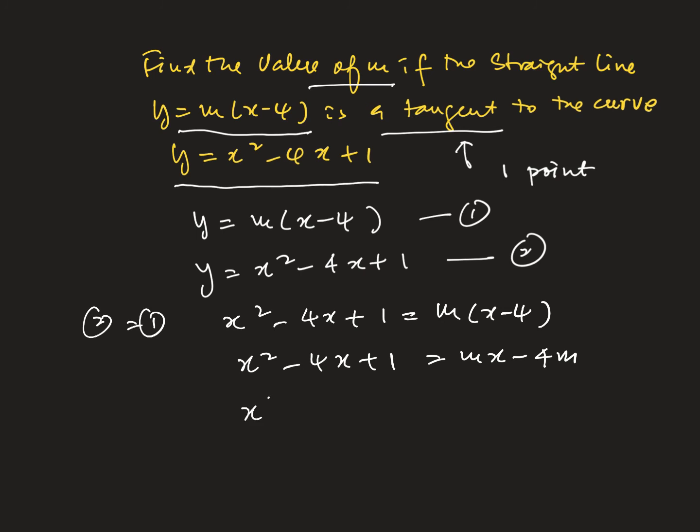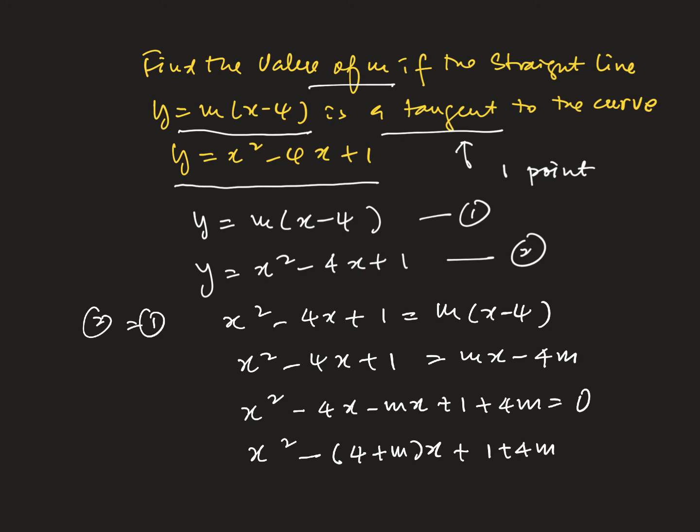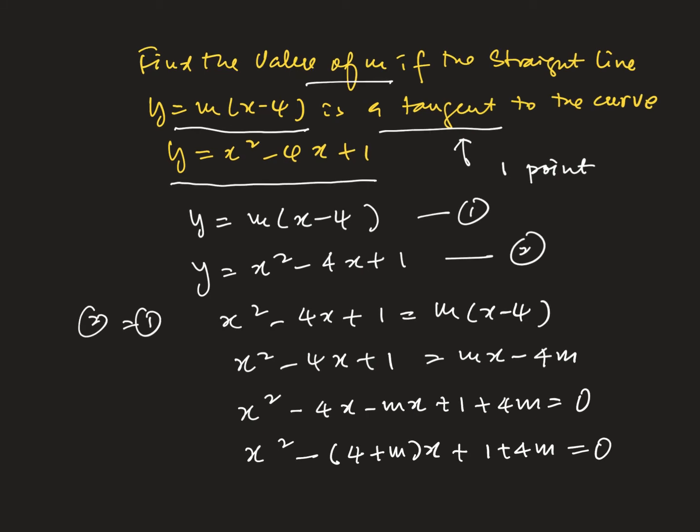We have x squared minus 4x minus mx plus 1 plus 4m equals 0. So x squared minus (4 plus m)x plus 1 plus 4m equals 0.